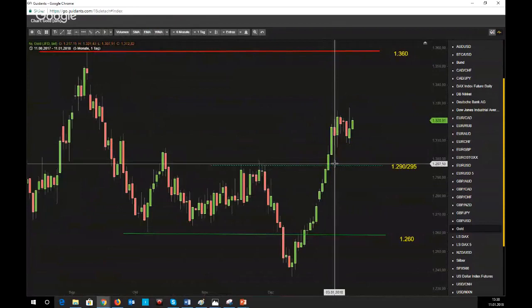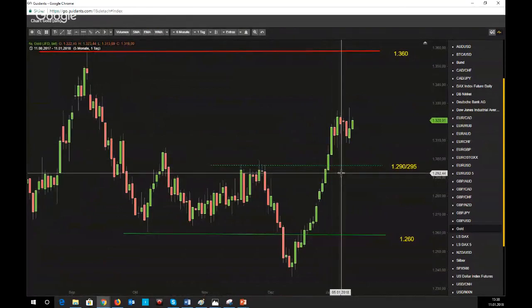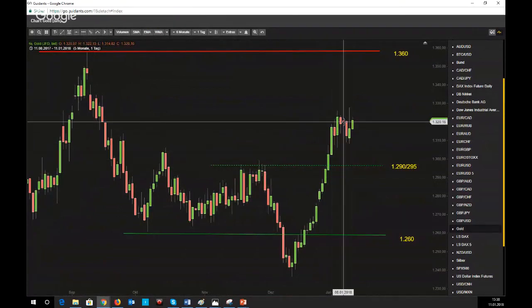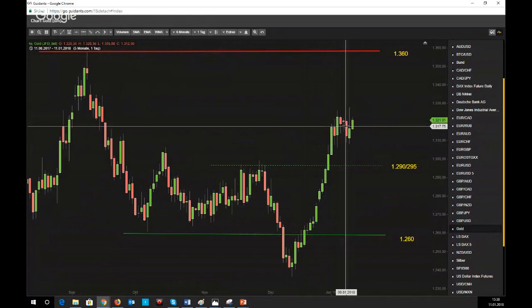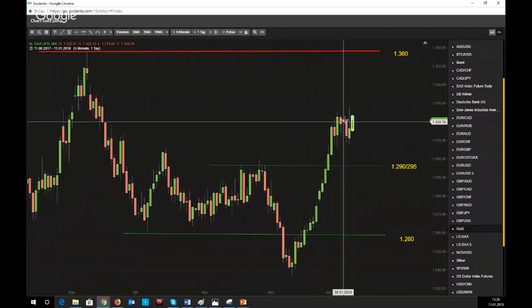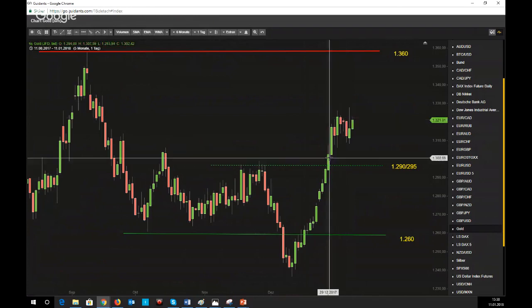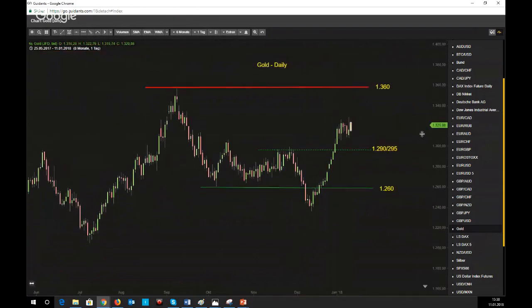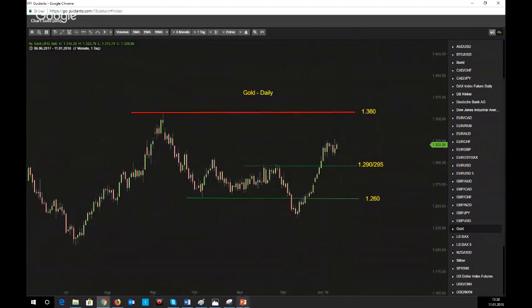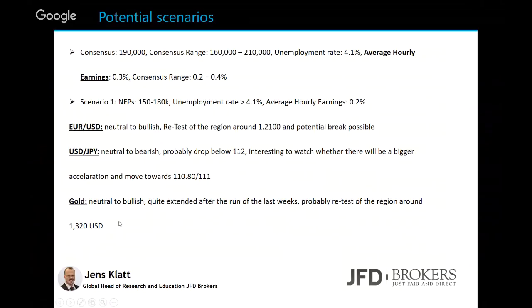So gold, that was the 5th, that was here. Gold started the day last week weaker, sold off a little, and then pushed higher towards, again, the region around 130.20. What I think is really interesting to see right now, so the idea here played out really well. So the scenario played out as expected.